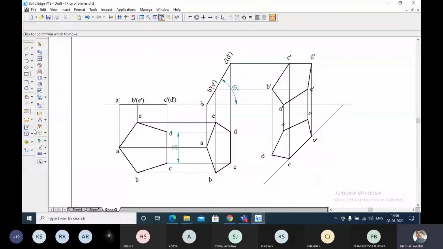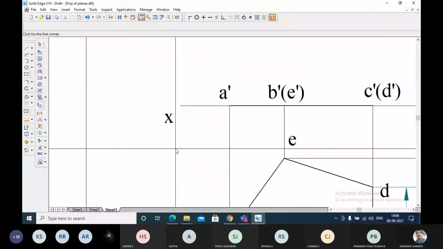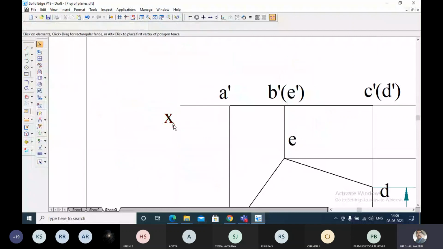Now let me write this angle. Okay, this is 45 degrees. You can see this. Okay, and next X, Y, and here I'm slightly moving this.